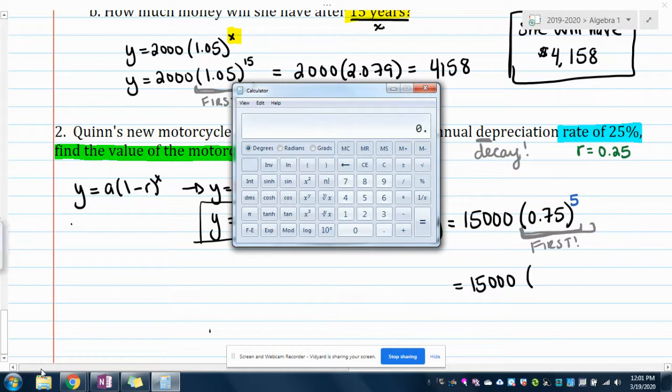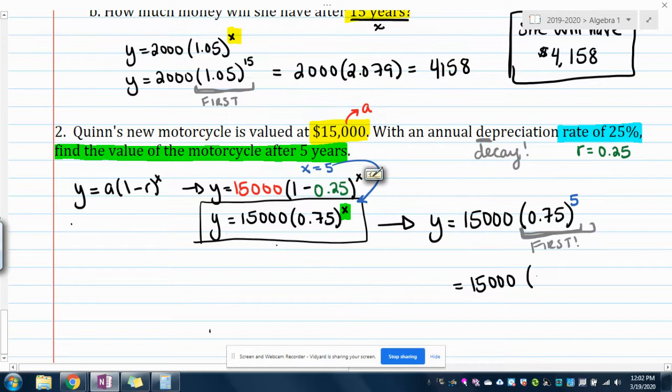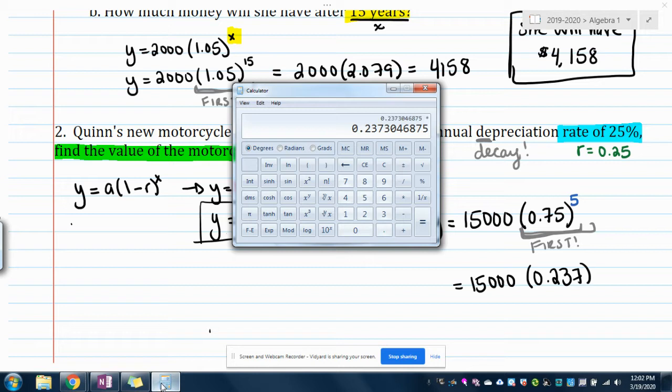0.75 to the 5th power is equal to 0.237. So 0.237, and then I multiply that by 15,000. 3,559.57.